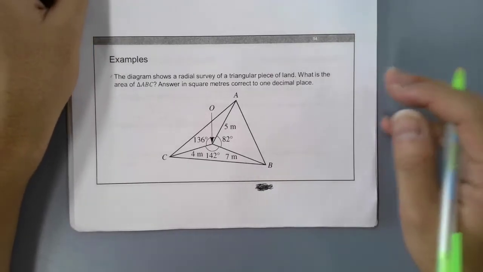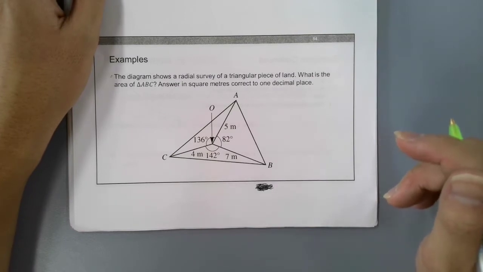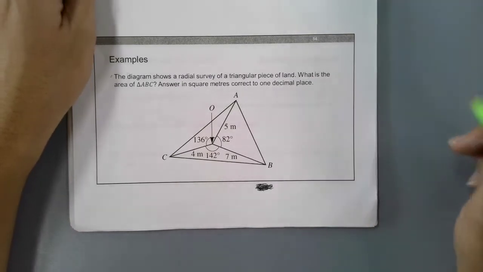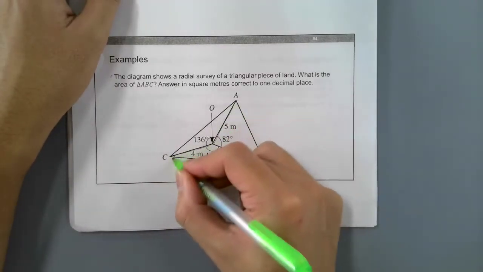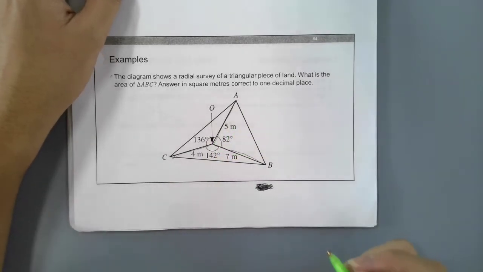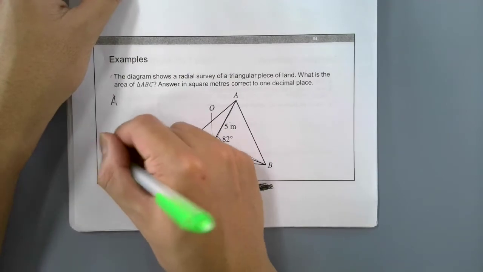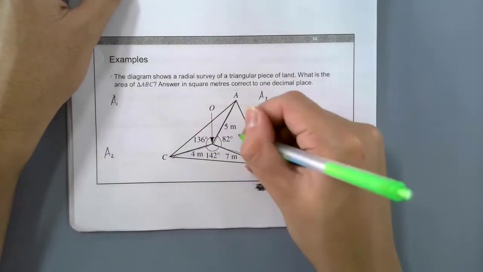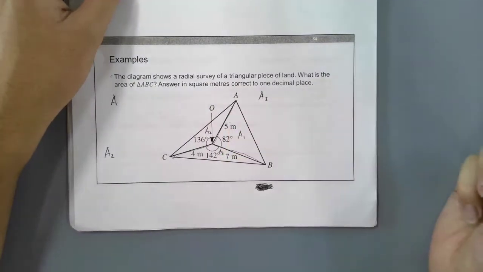So what we're going to do is work out the area of ABC. Now the easiest way to do this is because you've got 3 triangles, you've got 2 of the sides and the included angle in between them, we're going to split them off into area 1, area 2, and area 3. So we're going to call this area 1, call this area 2, and area 3.